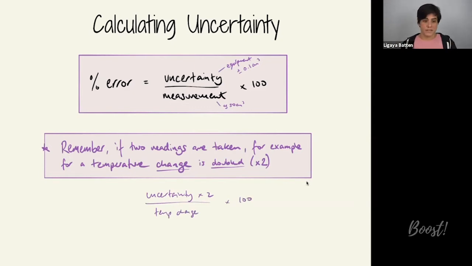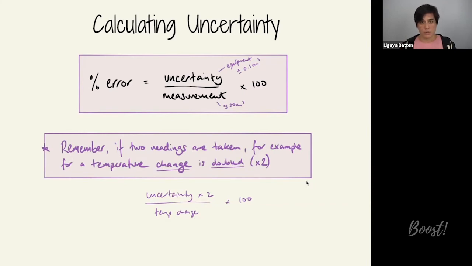In this context, it's temperature change we'd be talking about, but in other contexts you also want to keep that in mind. Anytime you're measuring a change in mass or a change in volume, if you're measuring something at the start and then at the end again, you have to keep in mind that you're going to use that piece of equipment twice, and therefore your uncertainty has to be doubled. But that's only, like I said, if you're actually taking more than one reading.